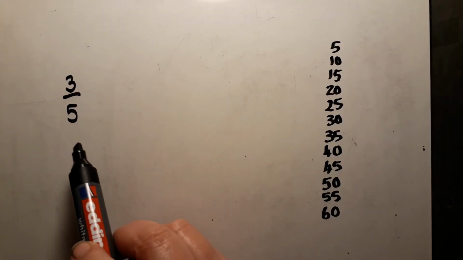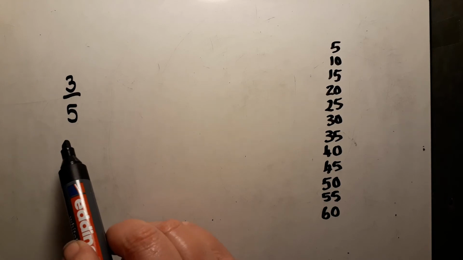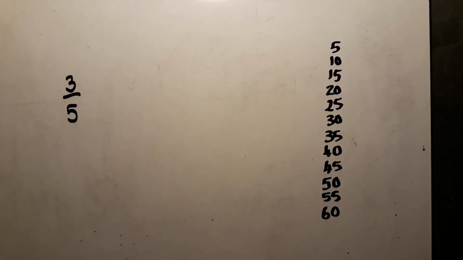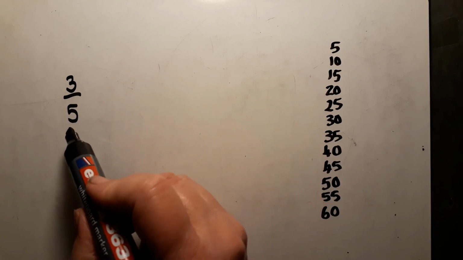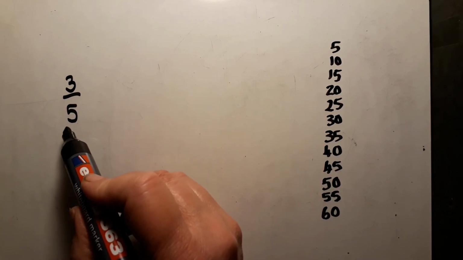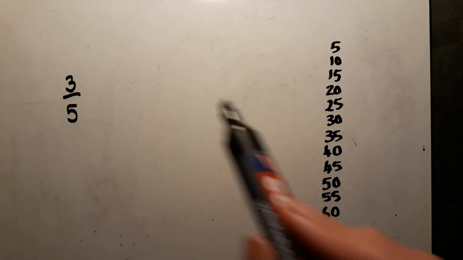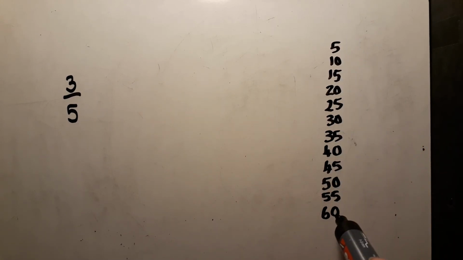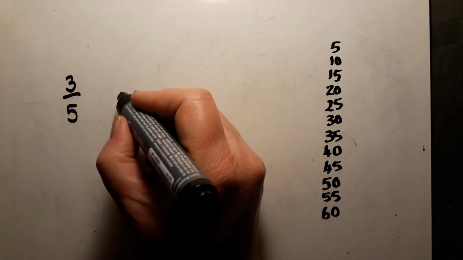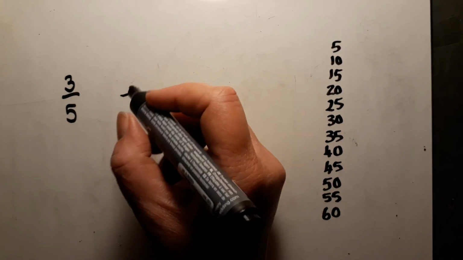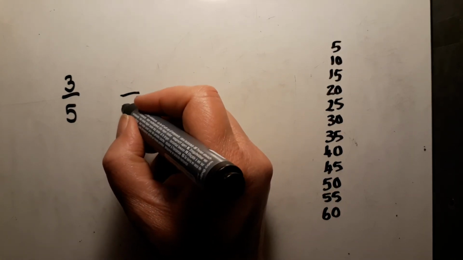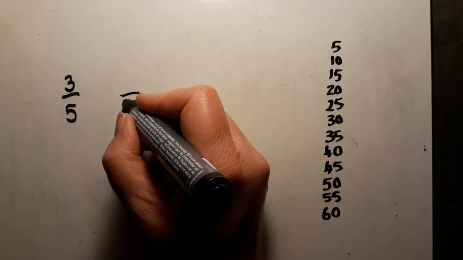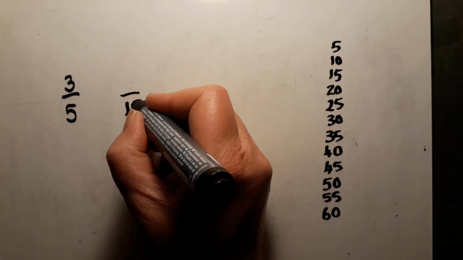And here's my favourite fraction, so I thought I would do an example using this one. So I'm going to change my denominator that's in 5ths. Okay, and I can choose any multiple of 5. Alright, so I'm going to choose, let's go for 15ths.